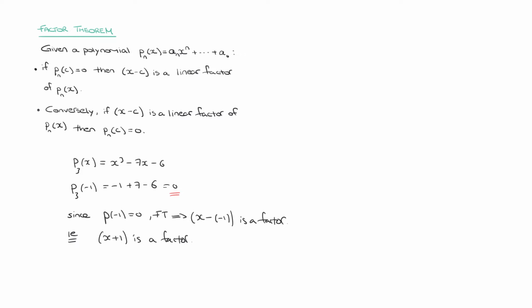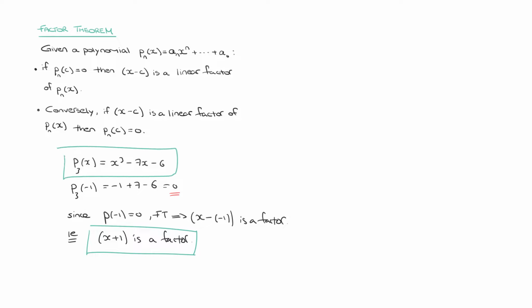If we're working within the set of complex numbers, as we'll be seeing, if the polynomial has degree n, then there will be n linear factors. It's pretty amazing. It stems from the fundamental theorem of algebra that we'll be learning next week. But for now, what matters is that we've just established that x plus 1 is a factor of the polynomial that we have right here.